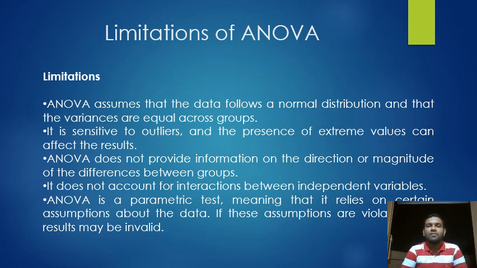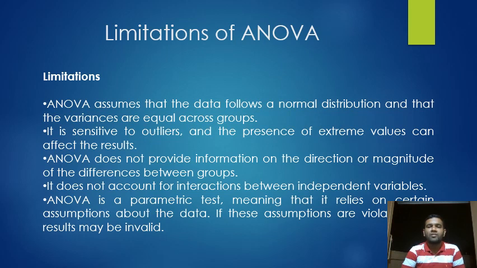It is sensitive to outliers, and the presence of extreme values can affect the results. ANOVA does not provide information on the direction or magnitude of the differences between groups. It does not account for interaction between independent variables.